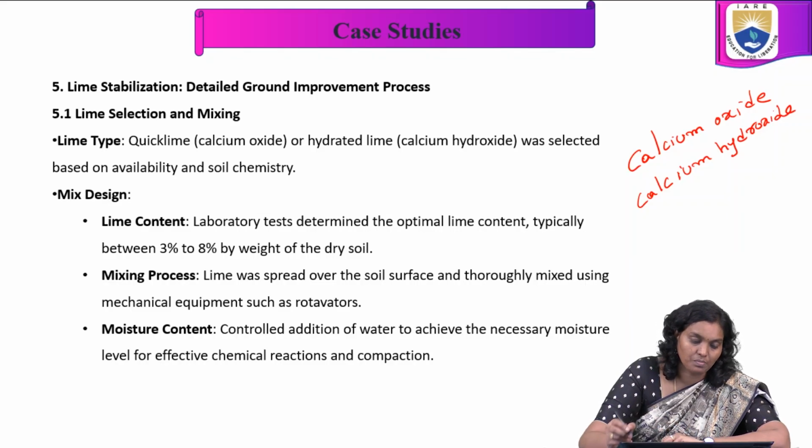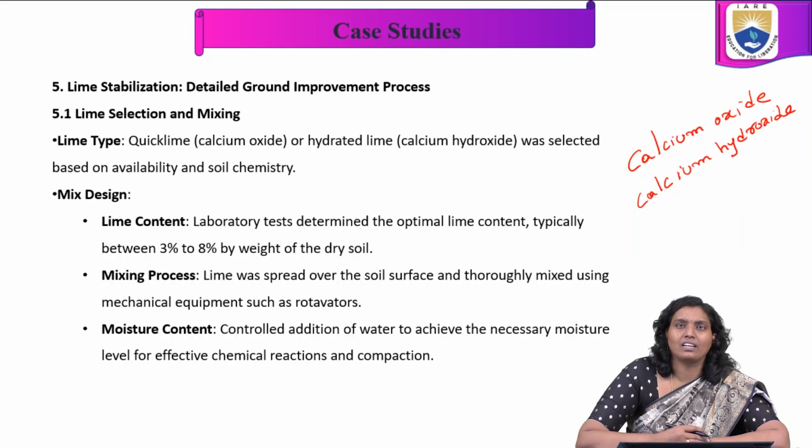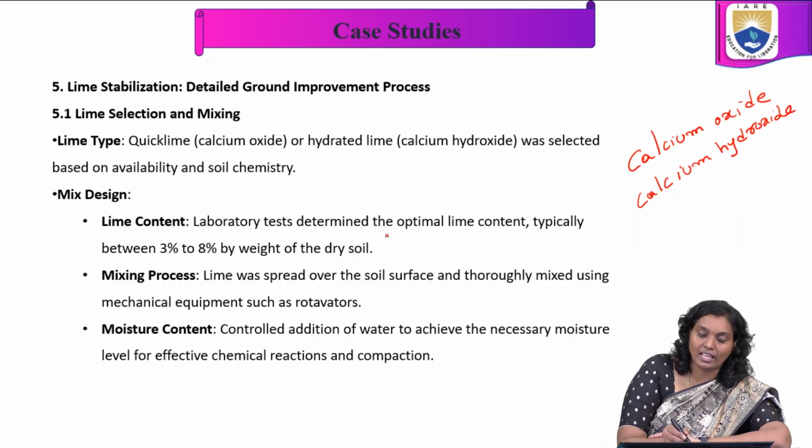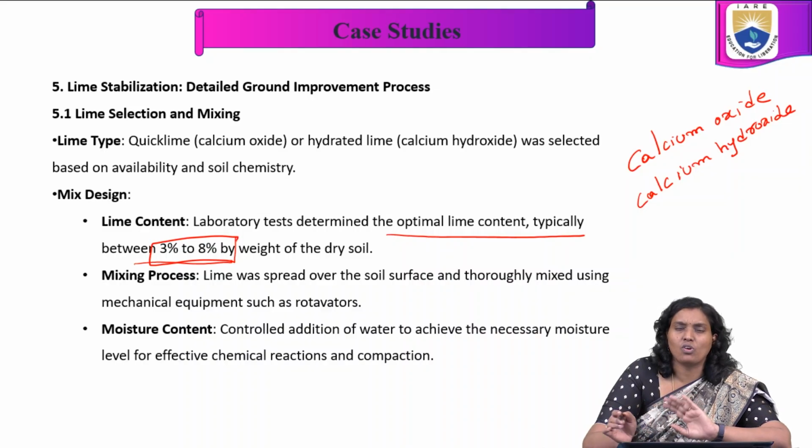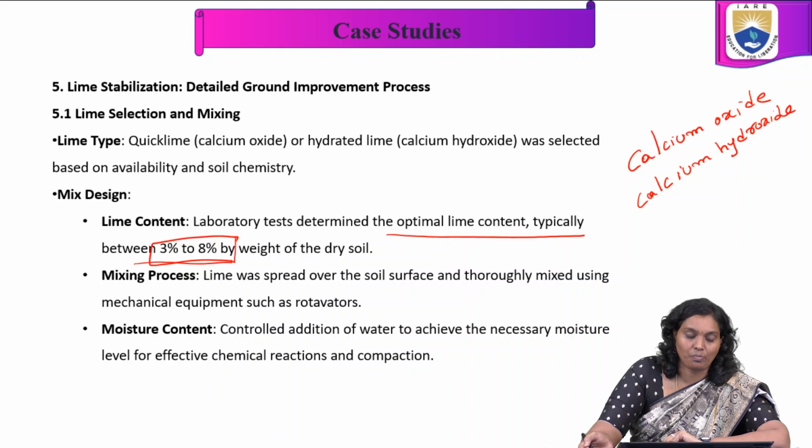In the mix design, for lime content, laboratory tests determine the optimal lime content, typically between 3 to 8 percent by weight of the dry soil. It depends upon the soil conditions and desired properties how much percentage we have to pick.